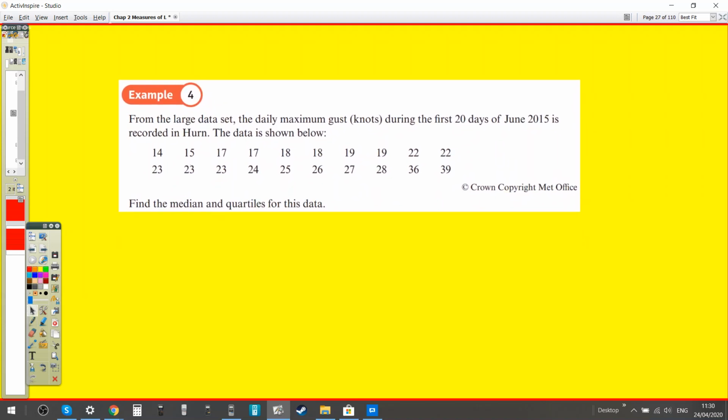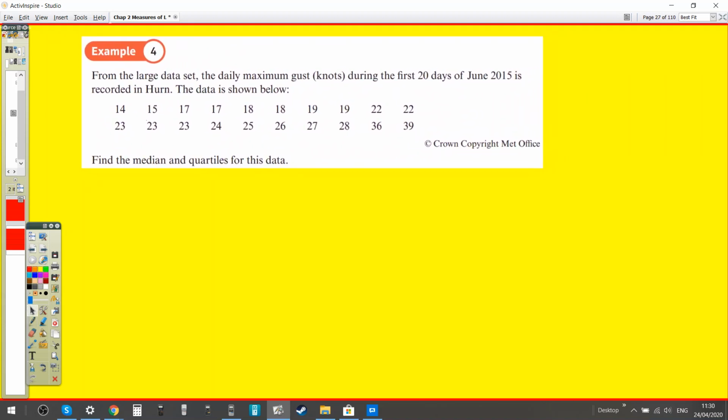Okay, how could you find the median and quartiles for this data?